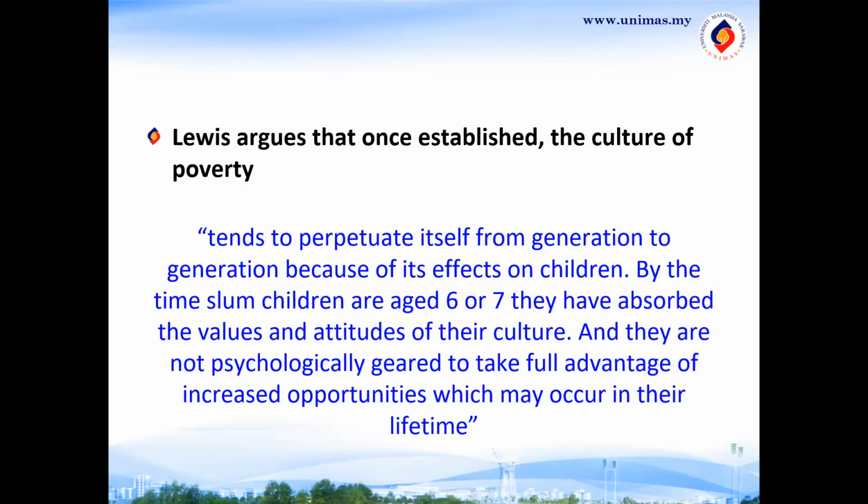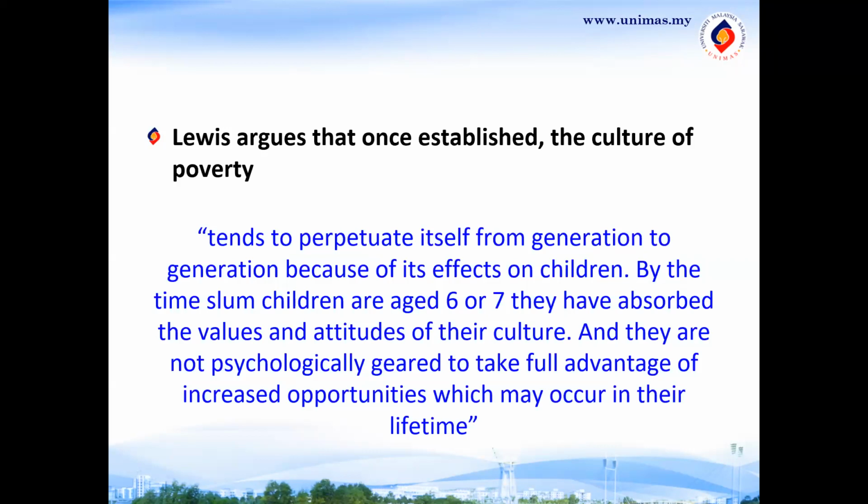So by the time slum children are aged 6 or 7, they have more or less absorbed the values and attitudes of their culture, accepting it as a culture. And they are not psychologically geared to take full advantage of increased opportunities which may occur in their lifetime.